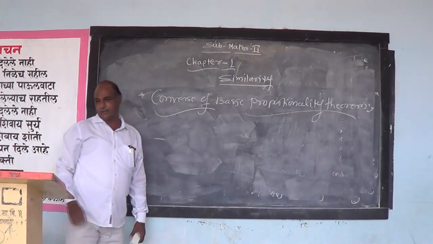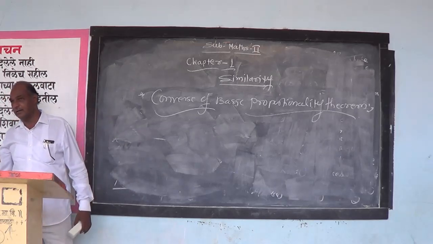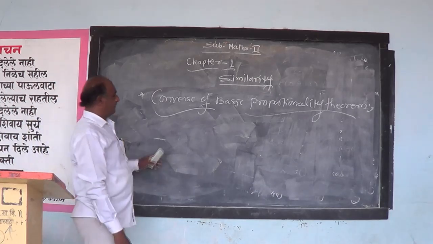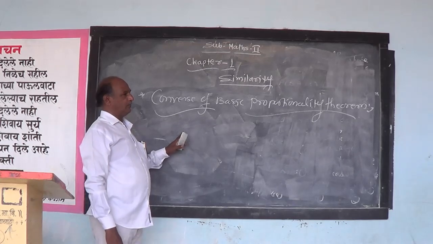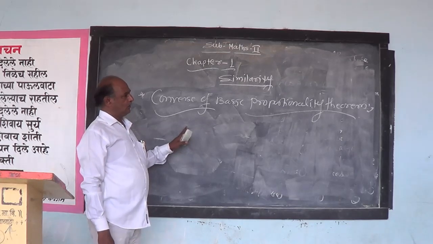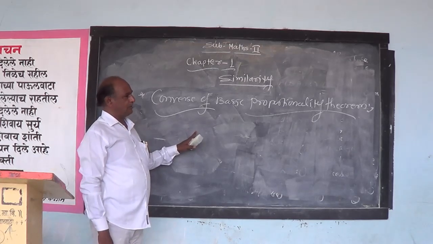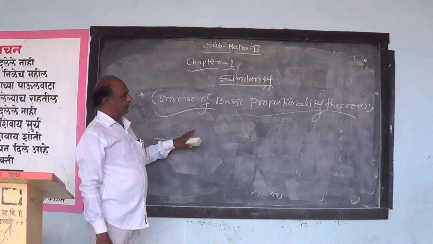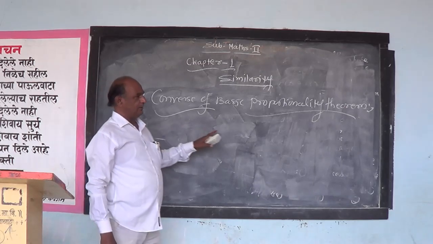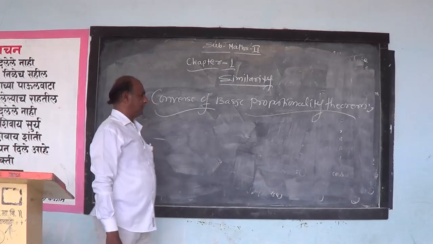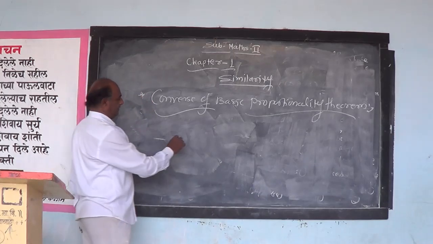The statement of the converse of the basic proportionality theorem is: if in any triangle a line divides two sides in the same ratio, then that line is parallel to the third side of that triangle.